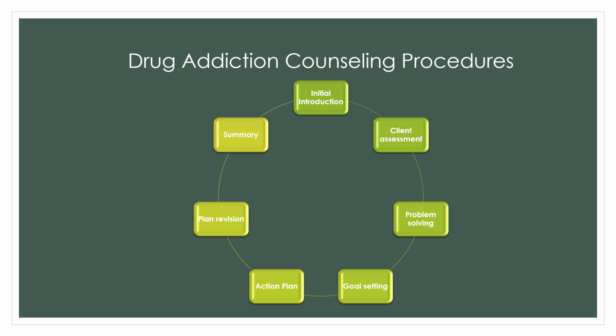You start with the assessment, and then problem solving, goal setting, and development of an action plan. Then you proceed with revising the plan and summarizing the activities, and then beginning again with a new assessment. And this is performed over time, but not at every counseling session. Hence, it's an ongoing process, and as some problems get resolved, others are likely to emerge.